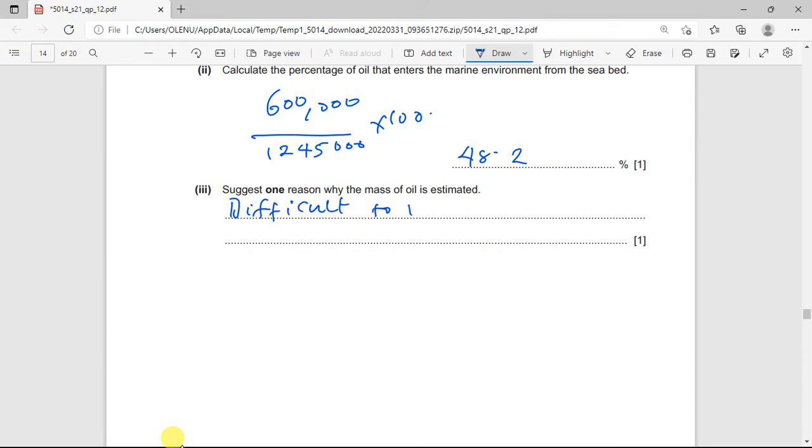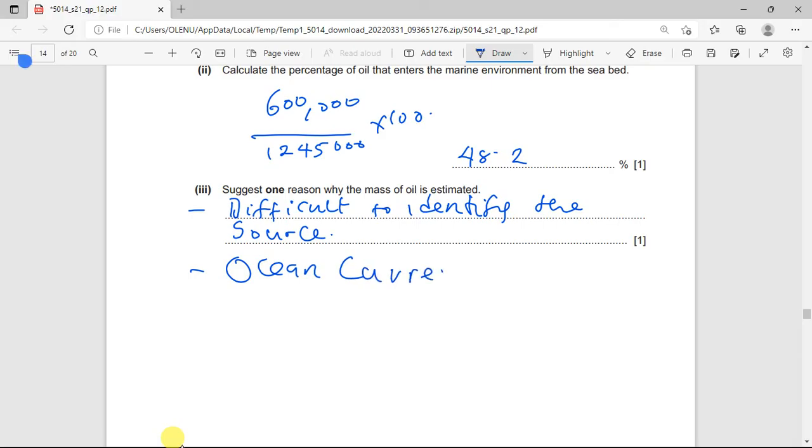Another major reason is that if there is an oil spill, the ocean current also moves the oil.